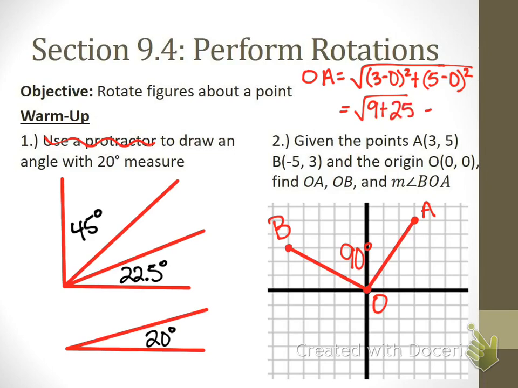Add them together. 34. Okay, the square root of 34 will not simplify, so we will leave it there. Questions about OA?